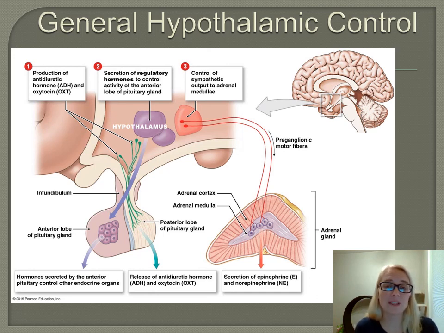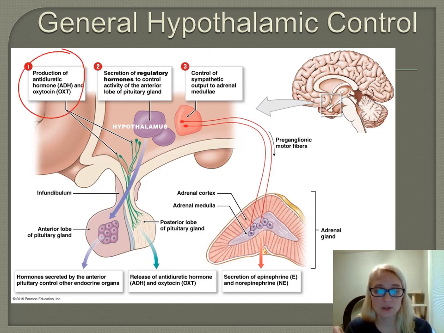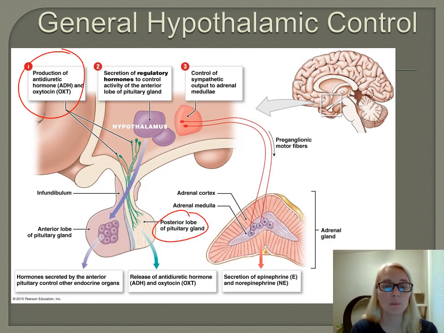The hypothalamus is an endocrine organ itself, which is this first one here. ADH and oxytocin are produced by nuclei in the hypothalamus that are then released into the bloodstream from the posterior lobe of the pituitary gland. Again, we're going to see this again because it overlaps with the pituitary gland. But these hormones are made in the hypothalamus, secreted from the posterior lobe.